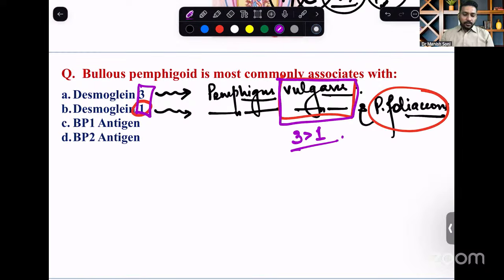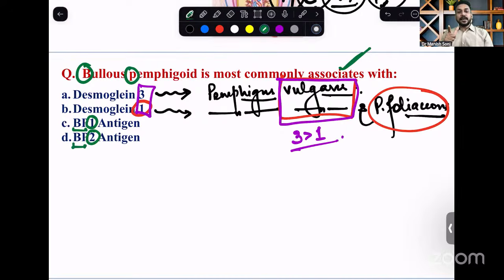Now coming to these two antigens, BPAG1 and BPAG2. Do you know the full form of BPAG1 and BPAG2? Here BP stands for bullous pemphigoid. So these are bullous pemphigoid antigen 1 and bullous pemphigoid antigen 2. So you are very sure that the commonly associated antigens here are bullous pemphigoid antigen 1 and 2.